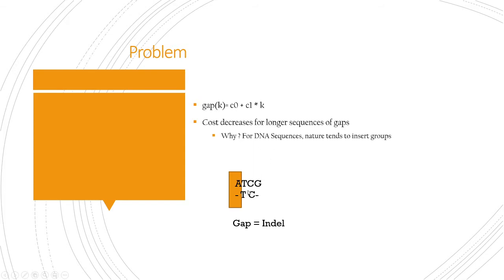This gives you a much better score because the cost of having some contiguous number of differences is much lower. The penalty is much lower because the more contiguous the sequences are, the penalty is not the same as k times some gap penalty, right?